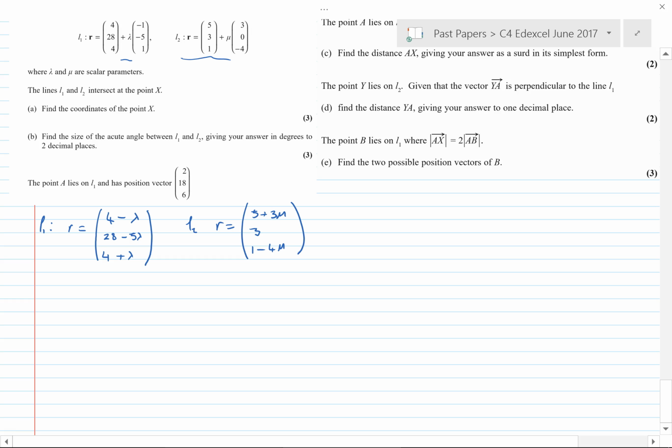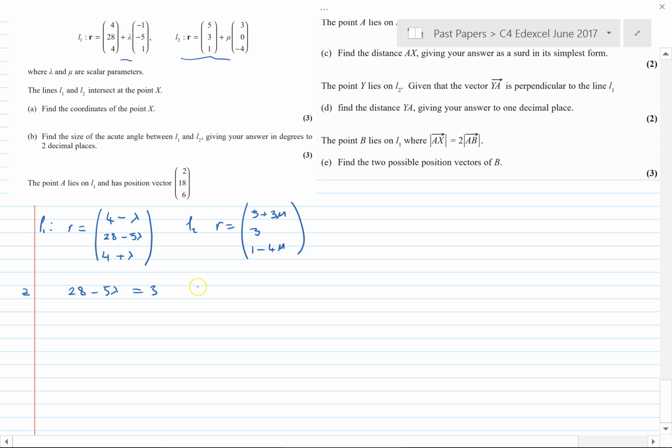I often find students just plough into this, equate x and y's, and perhaps overdo it a bit. Or we can find lambda straight away by equating z. So looking at z, we have 28 minus 5 lambda is equal to 3.